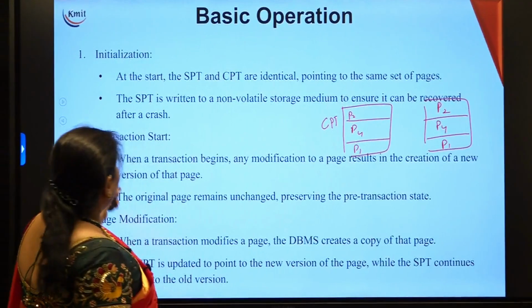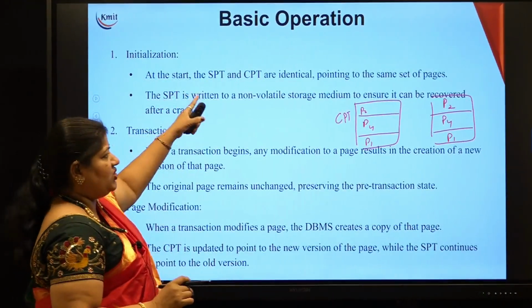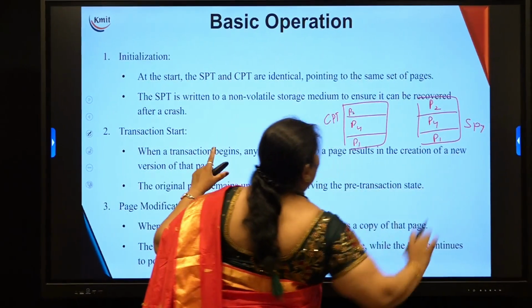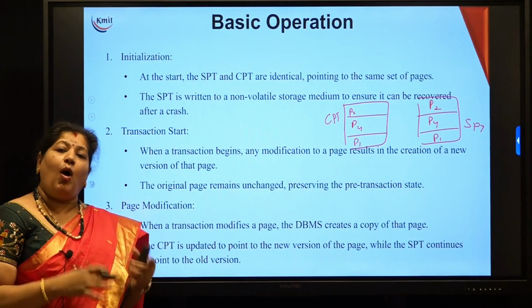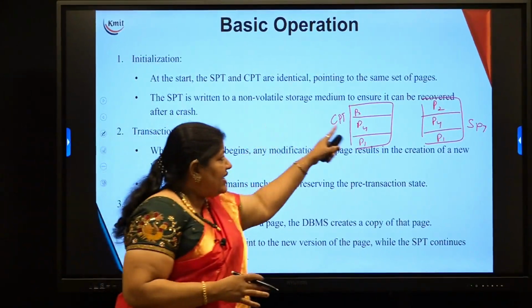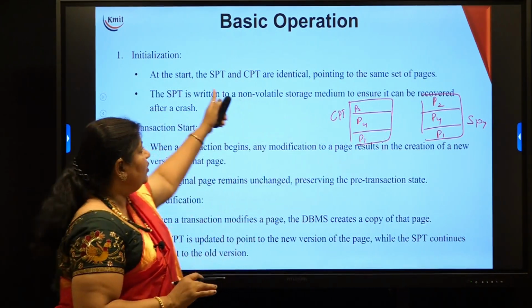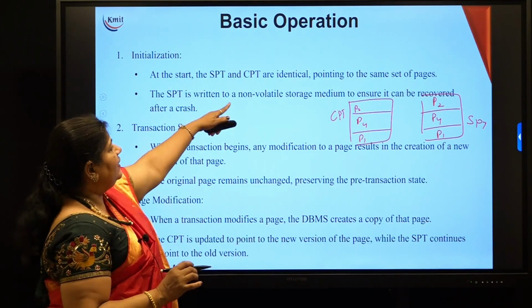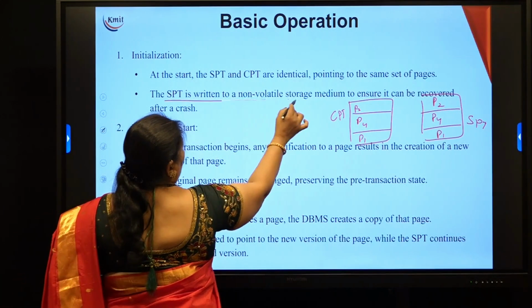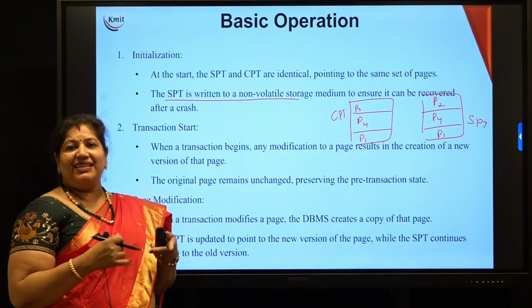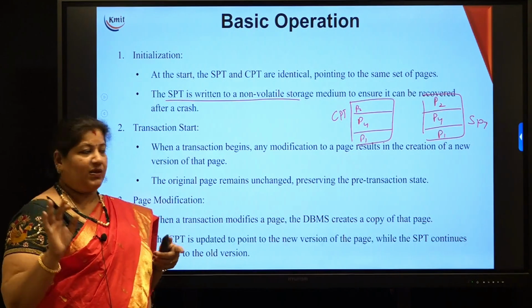The idea here is, first, initialization: both CPT and SPT are going to be identical, because a copy is maintained. The changes will be made into this, and the original will stay stable. So the SPT is written to non-volatile storage media so that I can ensure it is not lost even at system failures.